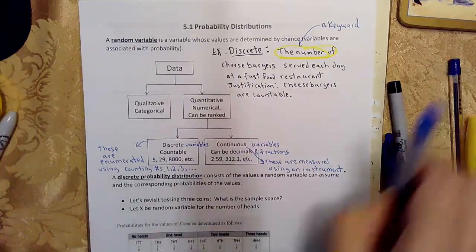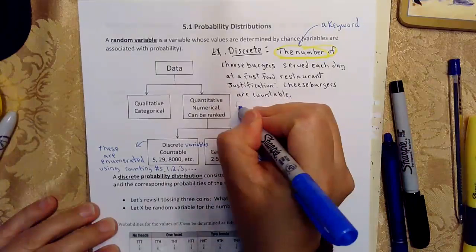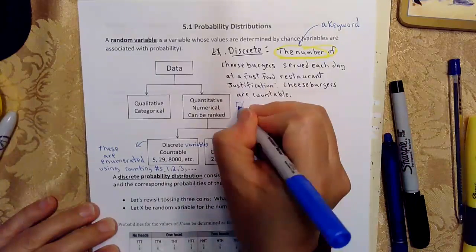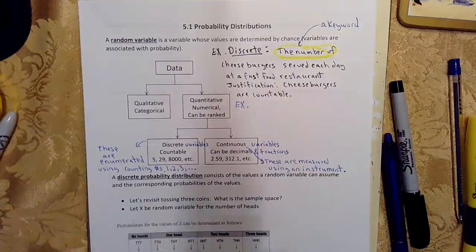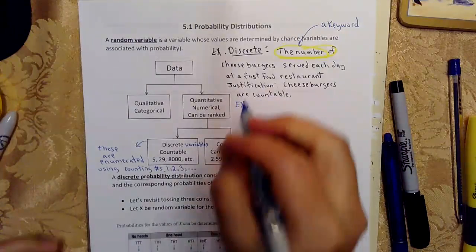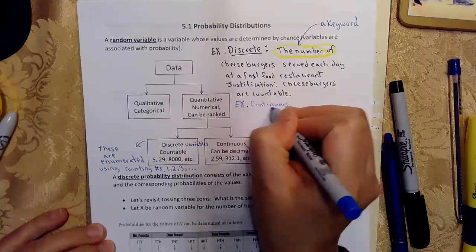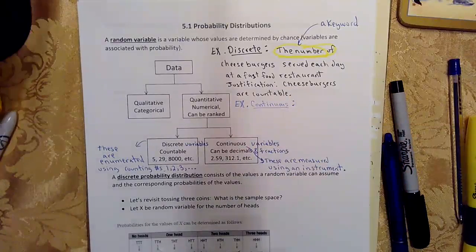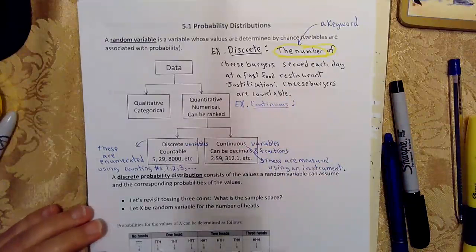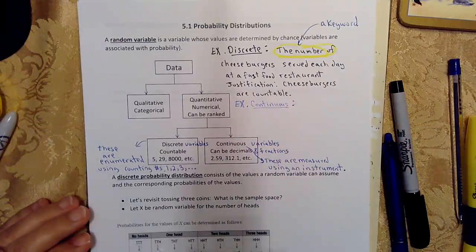Okay, now an example for continuous. An example for continuous would be the blood pressures of all patients admitted to a hospital on a specific day.